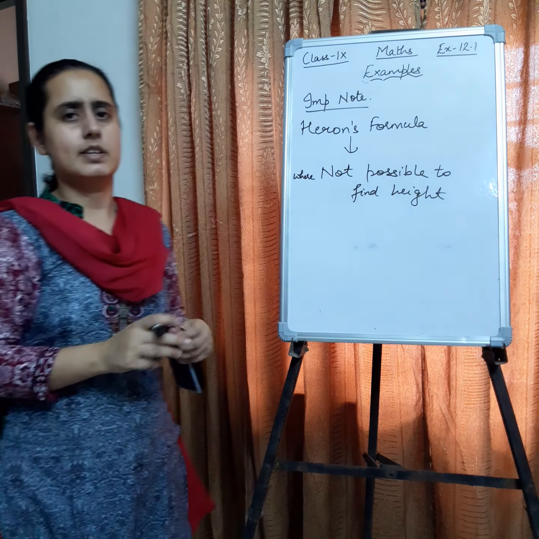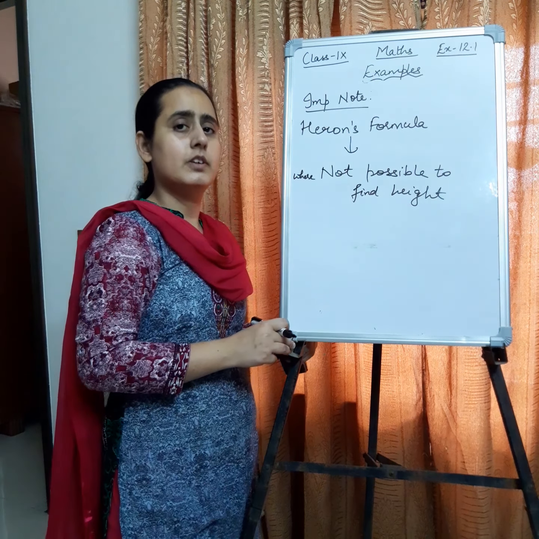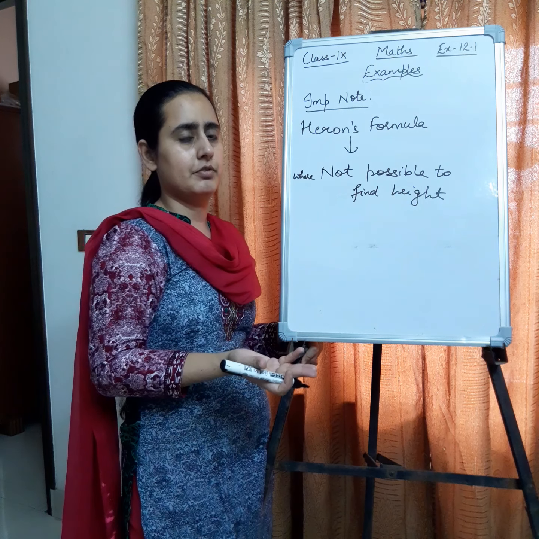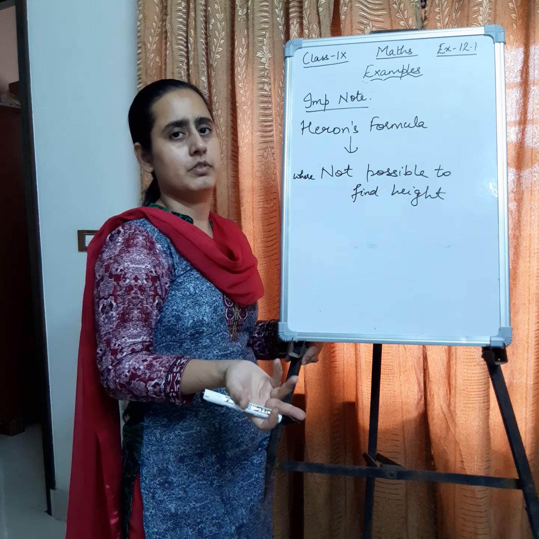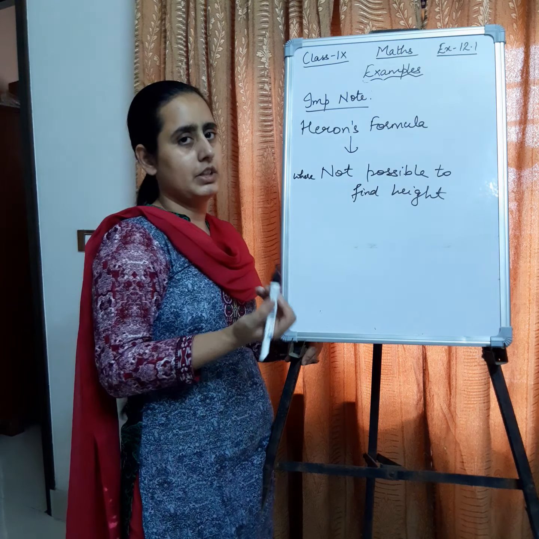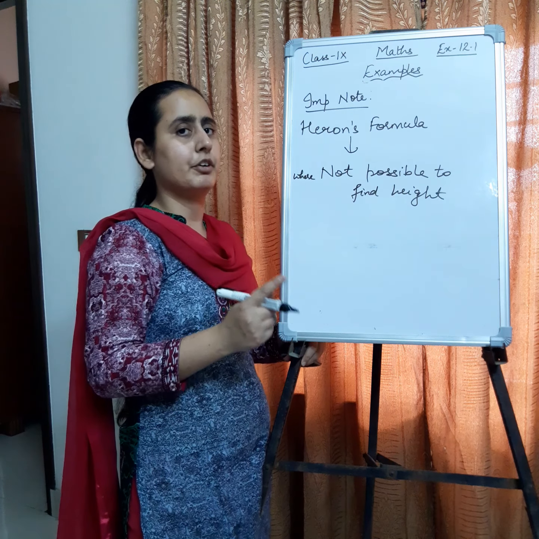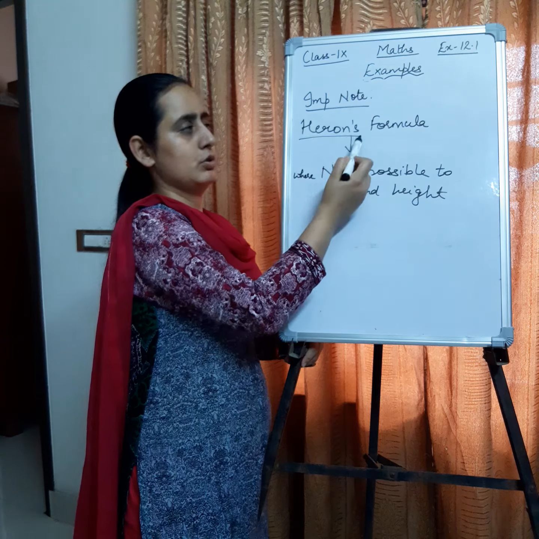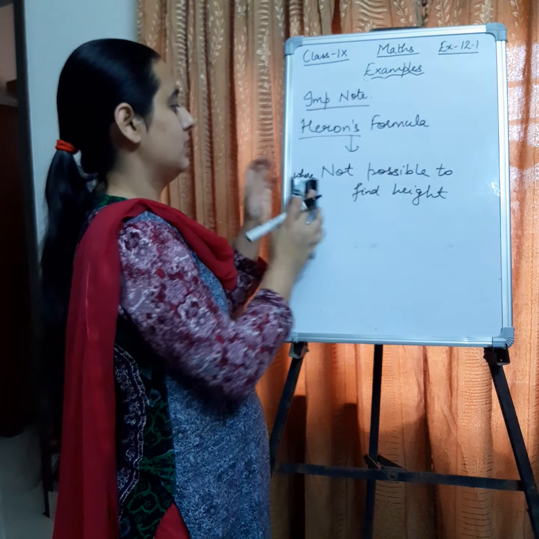So we can use Heron's formula to find the area of a scalene triangle, because in a scalene triangle all three sides are different. It becomes difficult, or not possible, to find the height, and without height we cannot calculate the area of a triangle using half into base into height. So there we have to use Heron's formula. Now let us discuss some examples.